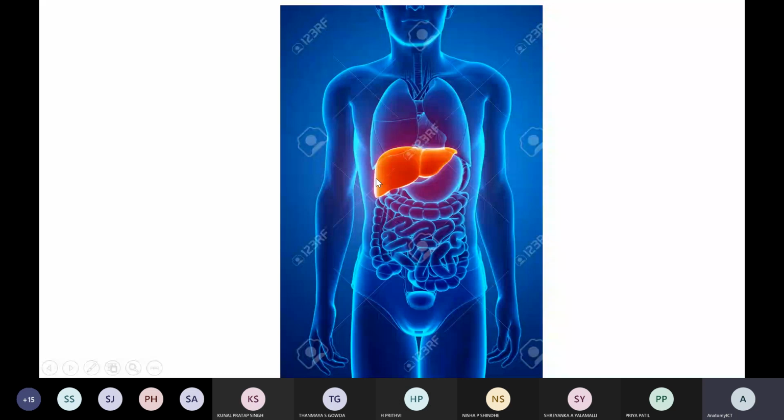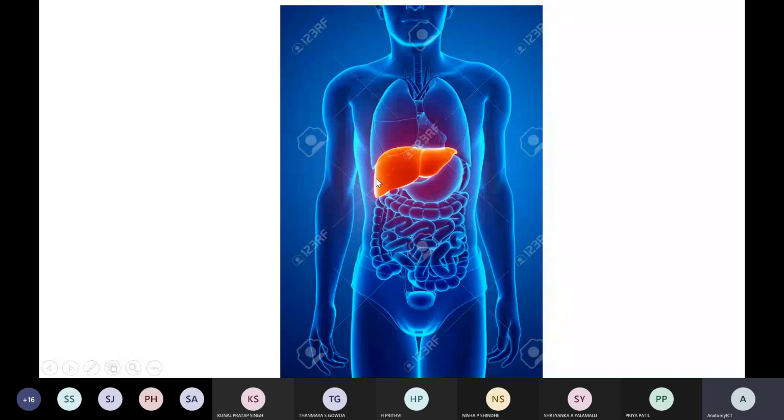Please write down: the location of the liver is in the right hypochondriac, partially epigastric, and partially left hypochondriac. On the right side it lies under cover of the 7th to 11th ribs.